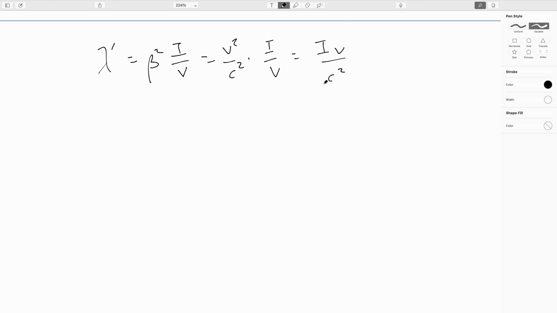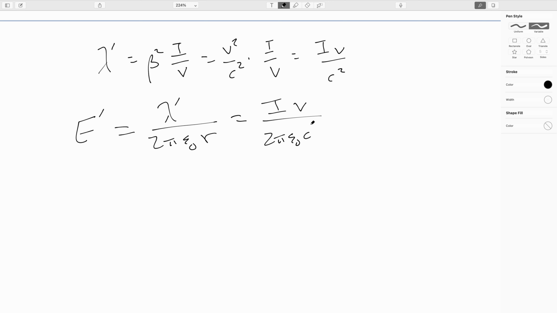Now, this means the electric field that the electron would observe would be equal to lambda prime over 2 pi epsilon naught r. This is just what we got for a long straight wire. And then we can put in our lambda prime to get IV over 2 pi epsilon naught c squared r.